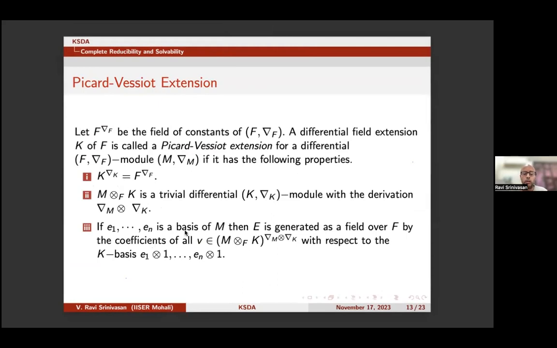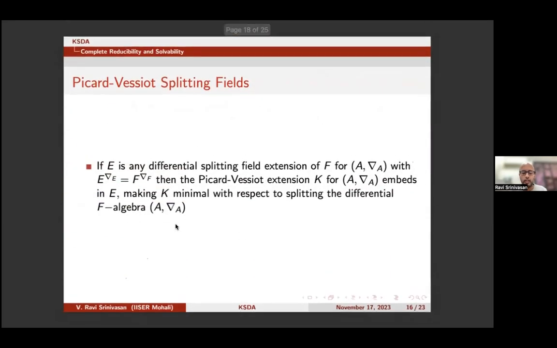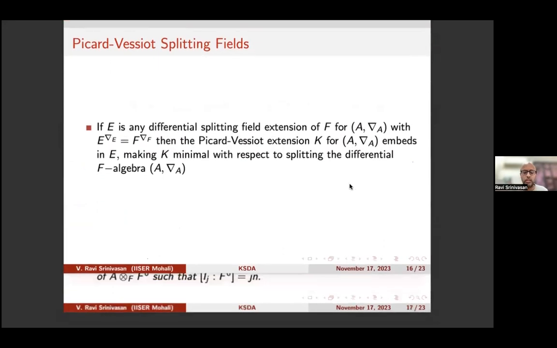So when you write the constants in terms of this basis, we will be picking up certain elements from the field E that is splitting the algebra, and then you generate a smaller field. That field by definition is going to be a Picard-Vessiot extension because all these conditions are going to be satisfied. So any differential splitting field that you have for the central simple algebra A nabla A, you can find the Picard-Vessiot extension of A nabla A sitting inside that. So that way this is minimal.